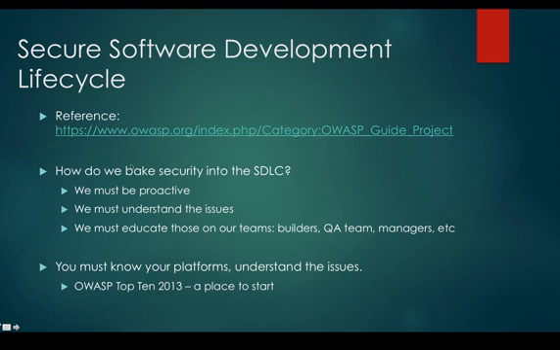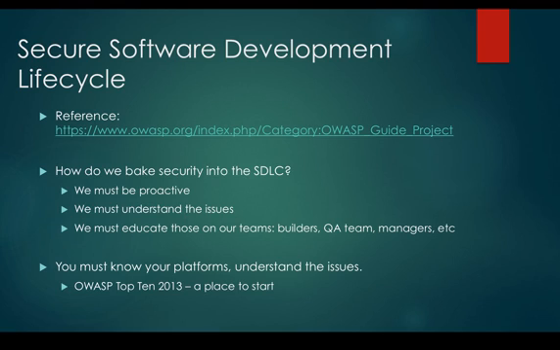What I want you to think of when you're looking at the secure software development lifecycle is how can we include security in the SDLC? And what I say it comes down to is you must be proactive. And in order to be proactive, you need to understand the issues. If you are developing web-based software, you have a very unique set of issues.